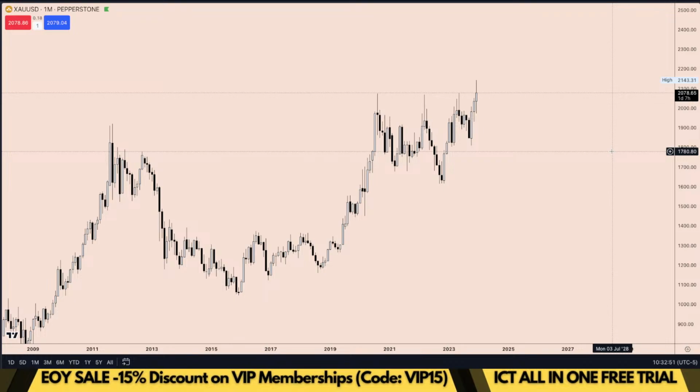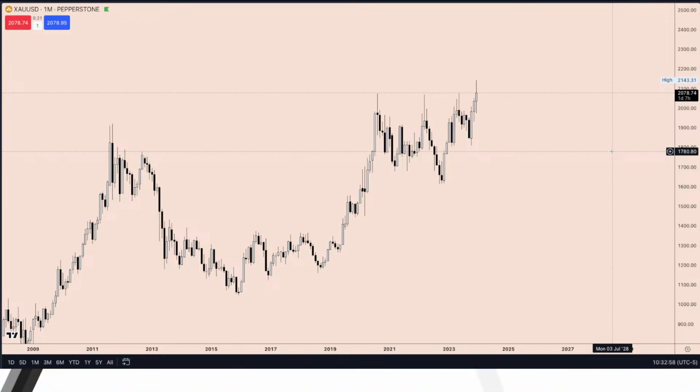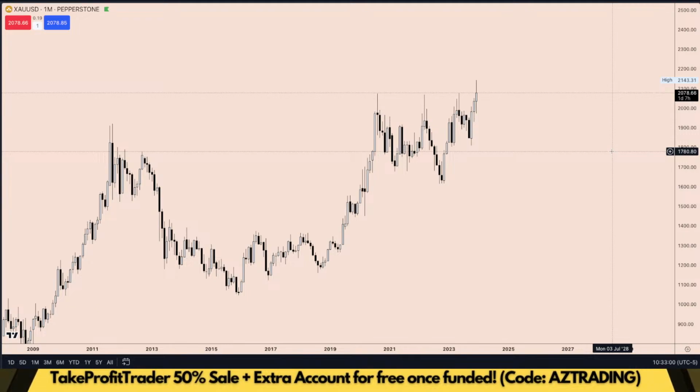If it should be a lot higher, kind of a tough one to answer. I think it could be higher, of course, but I don't know how to answer that question really, because ICT says it's undervalued.